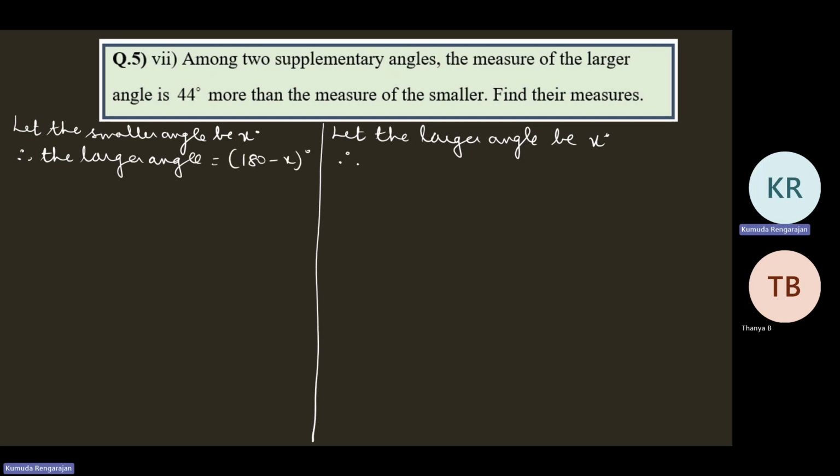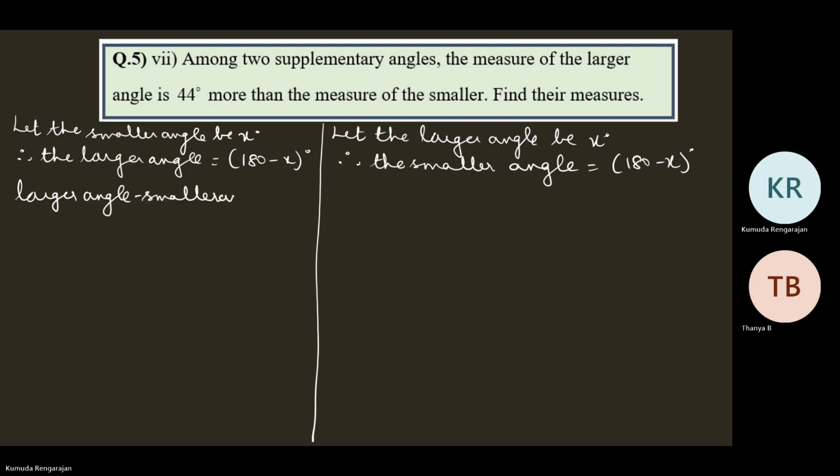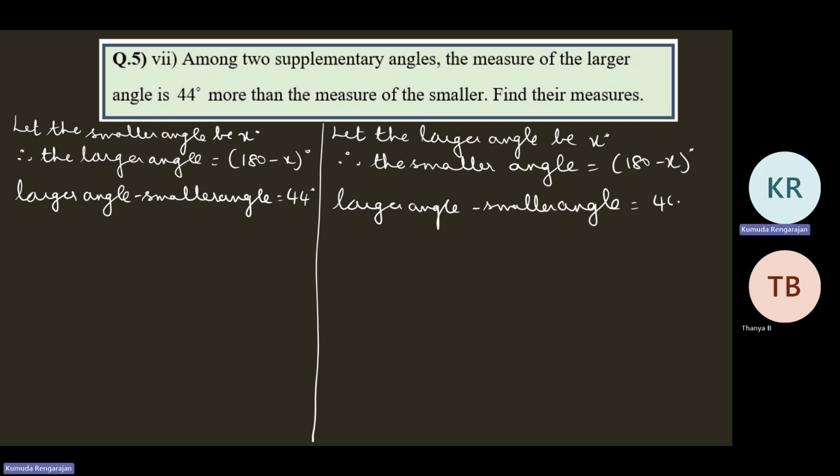Here we say therefore the smaller angle is equal to 180 minus x degrees. The difference is always larger angle minus smaller angle is equal to 44 degrees. The difference is 44. So here also the same thing, larger angle minus smaller angle is equal to 44 degrees.